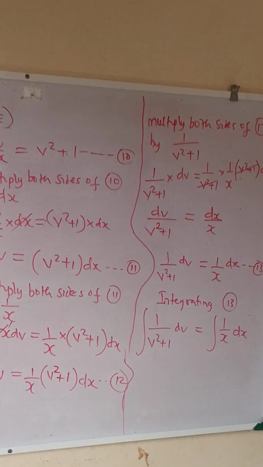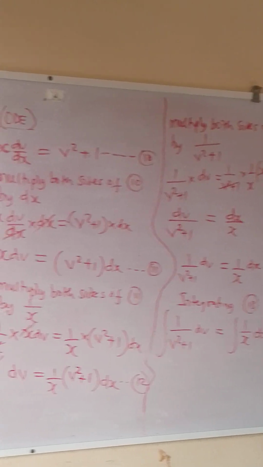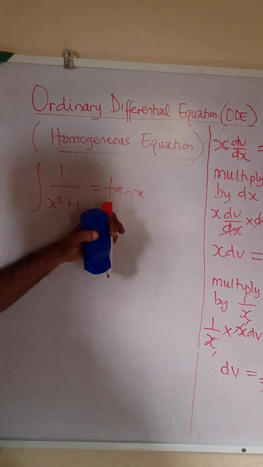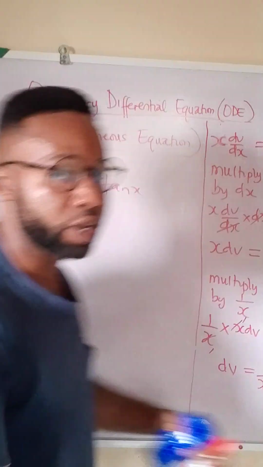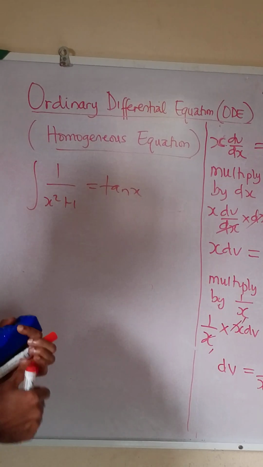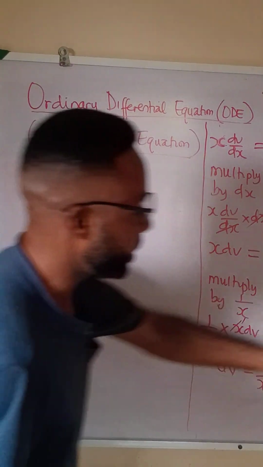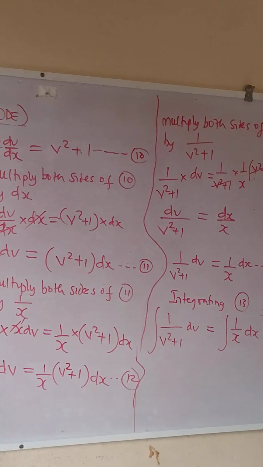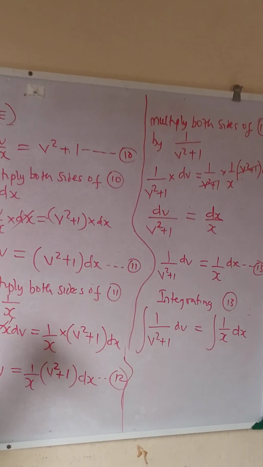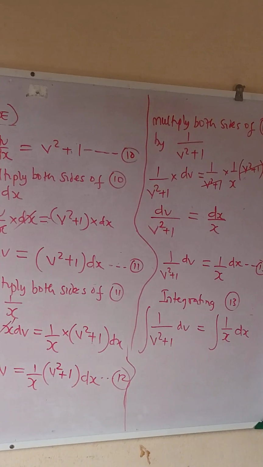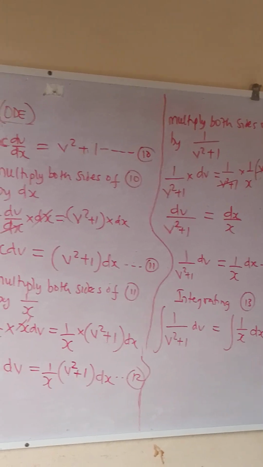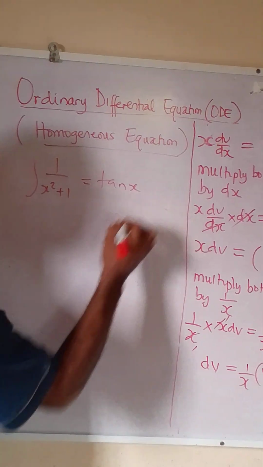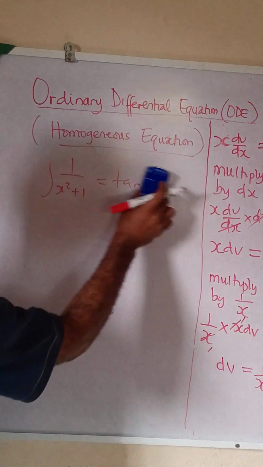In standard integrals, the integral of 1 over x squared plus 1 is equal to tan inverse x. But because we are dealing with v, it's going to be tan inverse v.